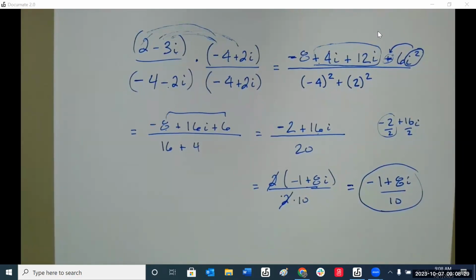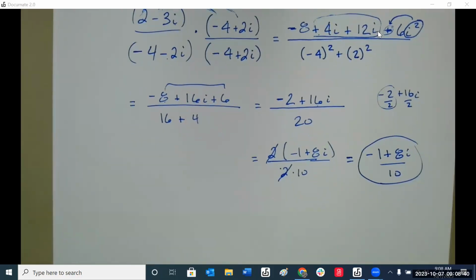Whenever you have fractions, always simplify. If they have a common divisor, then yes.